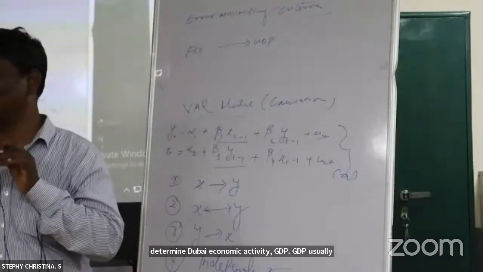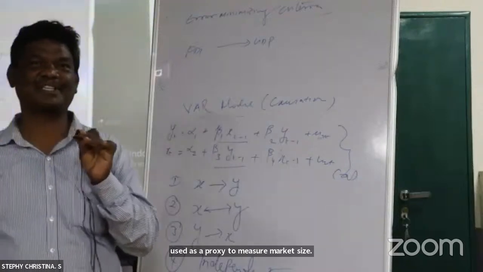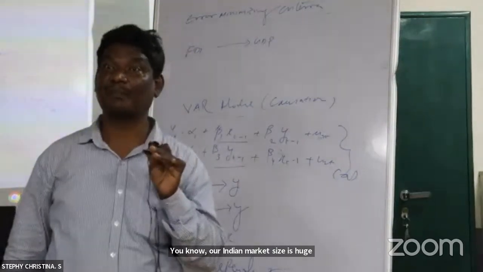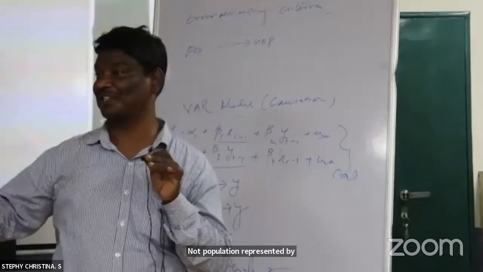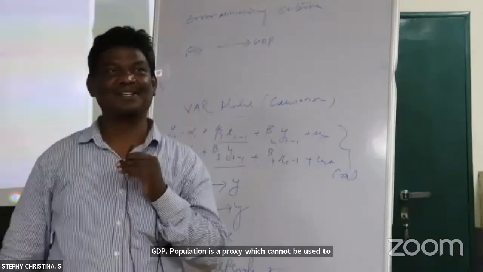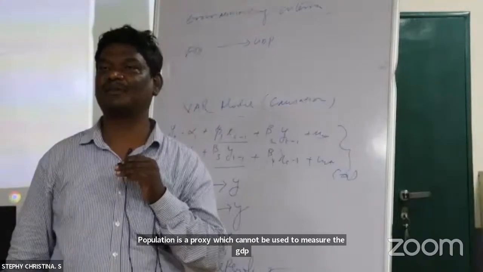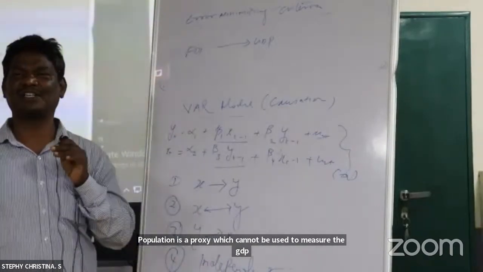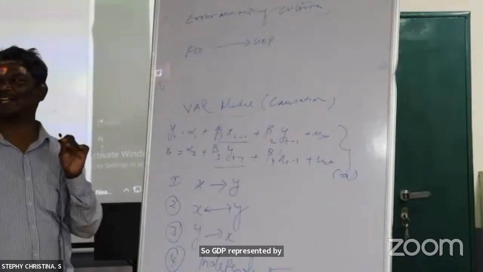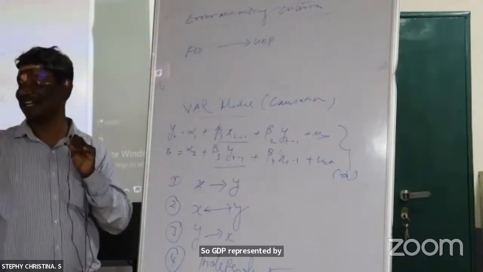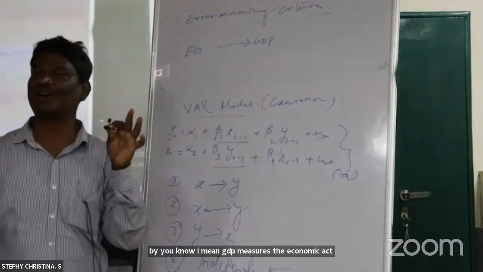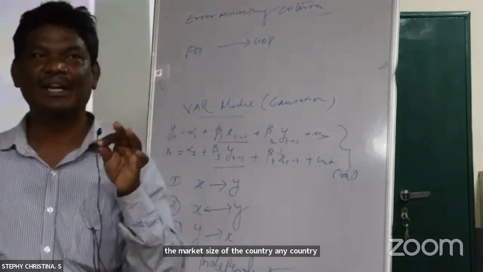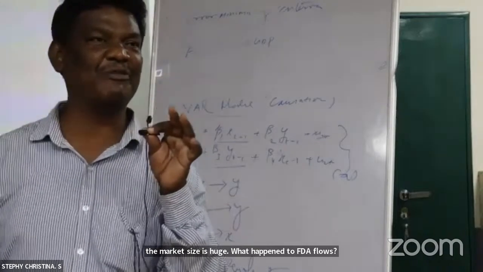Our Indian market size is huge, which is represented not by population but by GDP. GDP measures the economic activity or market size of any country. When market size is huge, what happens to FDI flows?